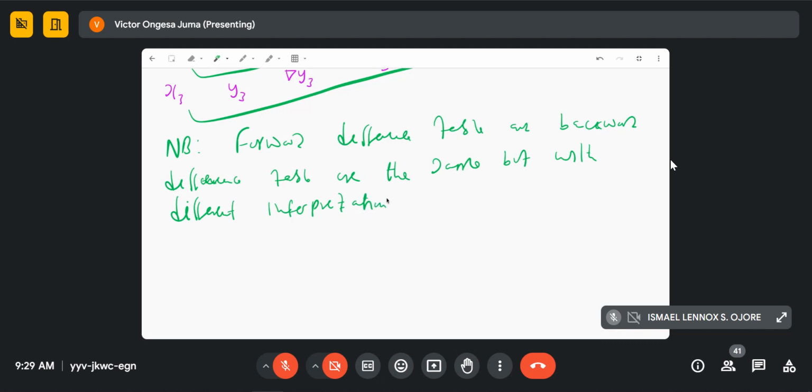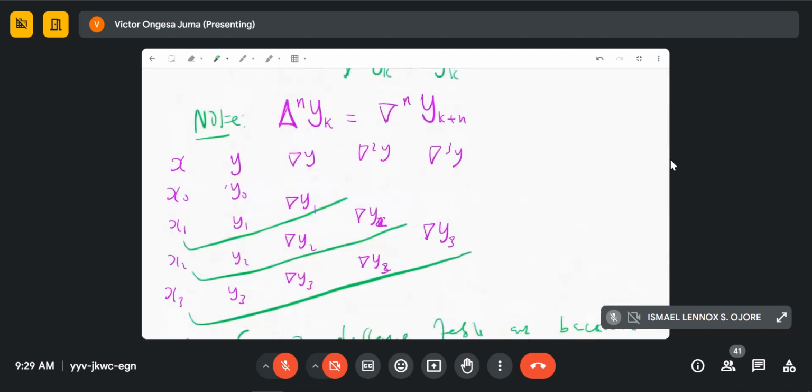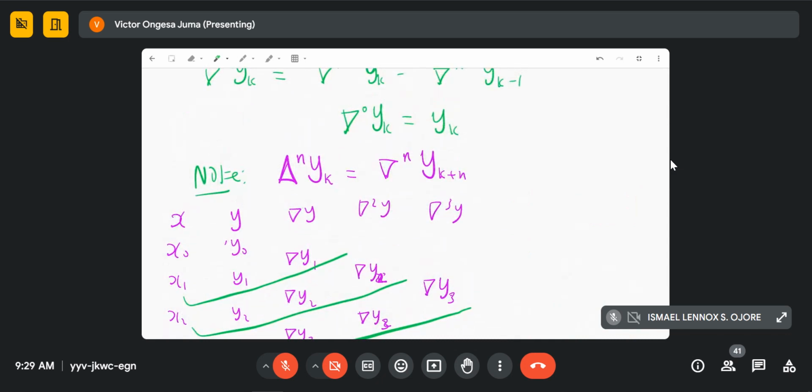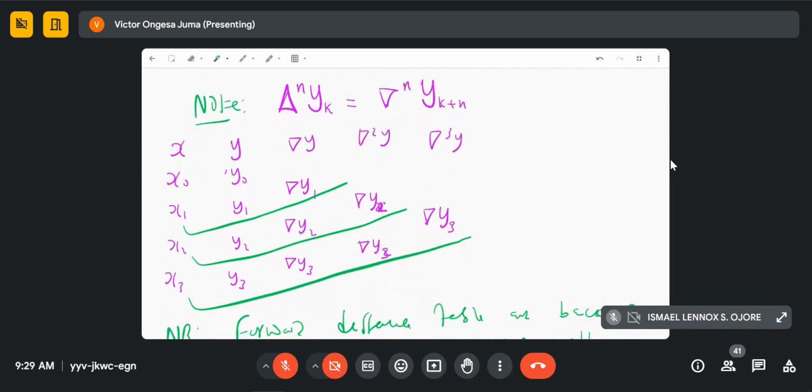So it's just basically the same table. If you are making the forward difference or making the backward difference, you are having exactly the same table. You will just interpret the values, inputs differently.